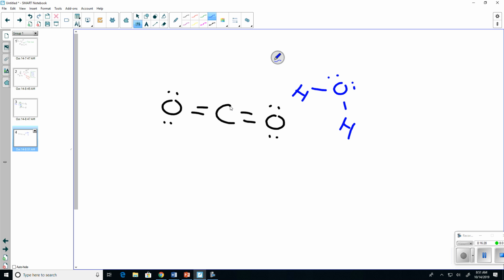I'll draw water a couple ways here. The name dipole-induced dipole needs you to recognize polar dipole, induced dipole is nonpolar.